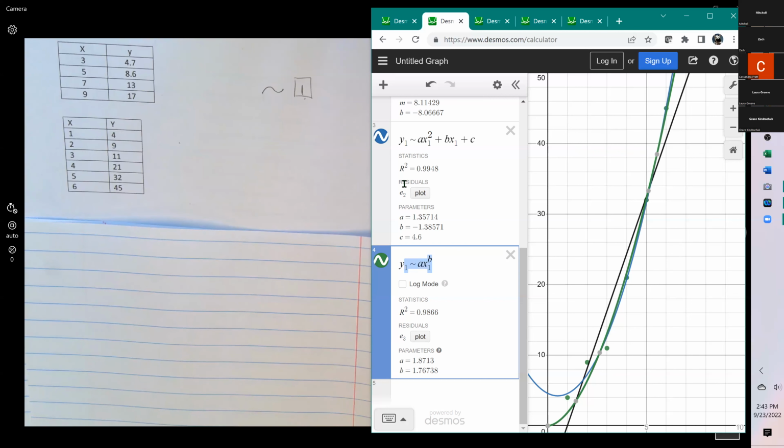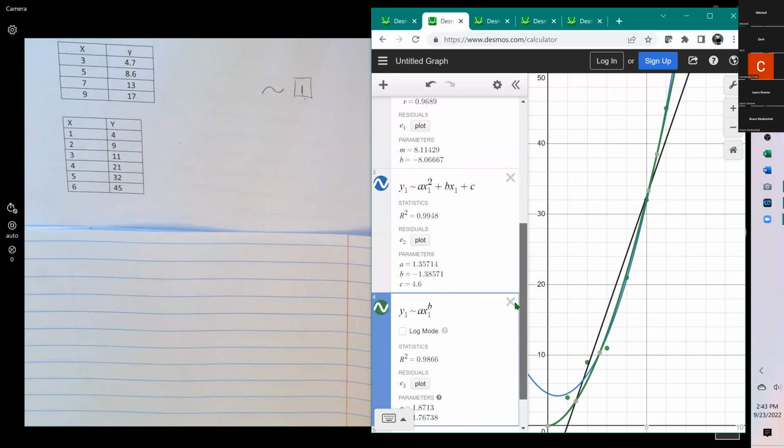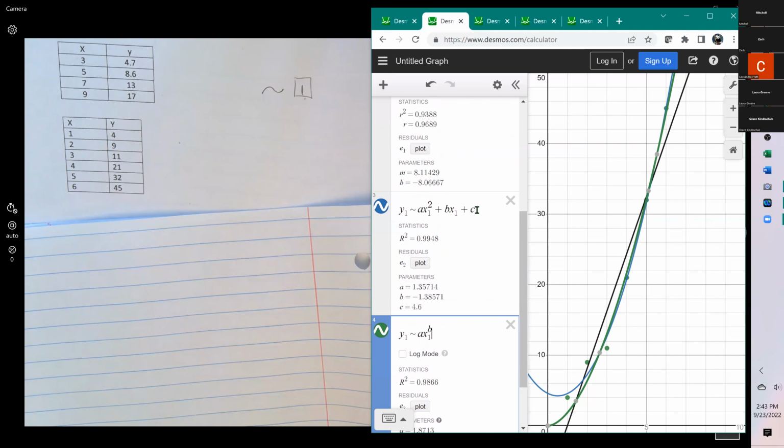And notice the blue R squared is 0.9948, where the power function it's 0.9866. So it is definitely not as strong, but they're still both strong. And they're both stronger than the straight line. So in some cases, when we're getting an estimate, it's better to use a quadratic or a power function.